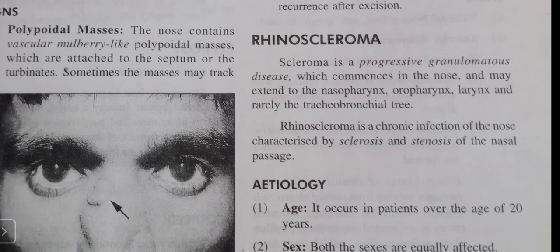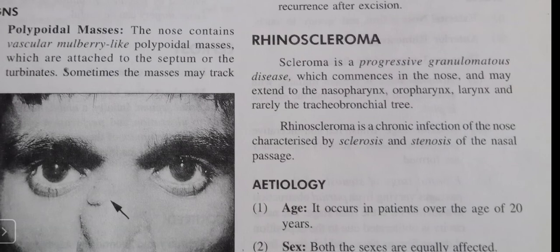Sclerosis means hardening. And stenosis is, because of that hardening, there will be narrowing of the nasal cavity. So rhinoscleroma is characterized by sclerosis and stenosis of the nasal passage.